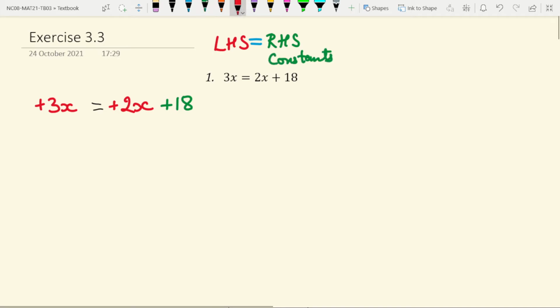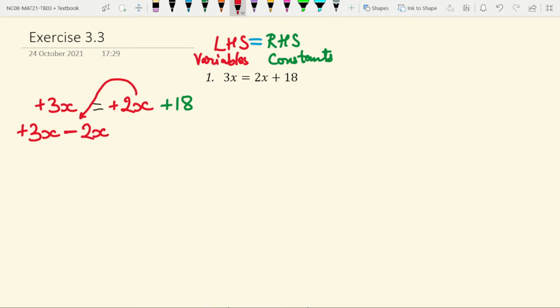So in order to separate variables and constants, I have to bring plus 2x to the left hand side. I have to transpose this plus 2x because it is a variable and should be present in the LHS. While transposing I have to change its symbol. Positive will be turned into negative, plus will become minus.